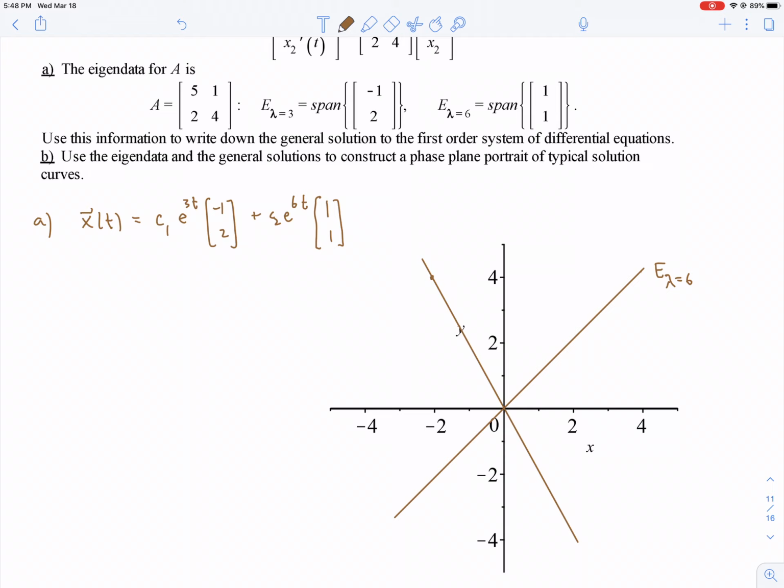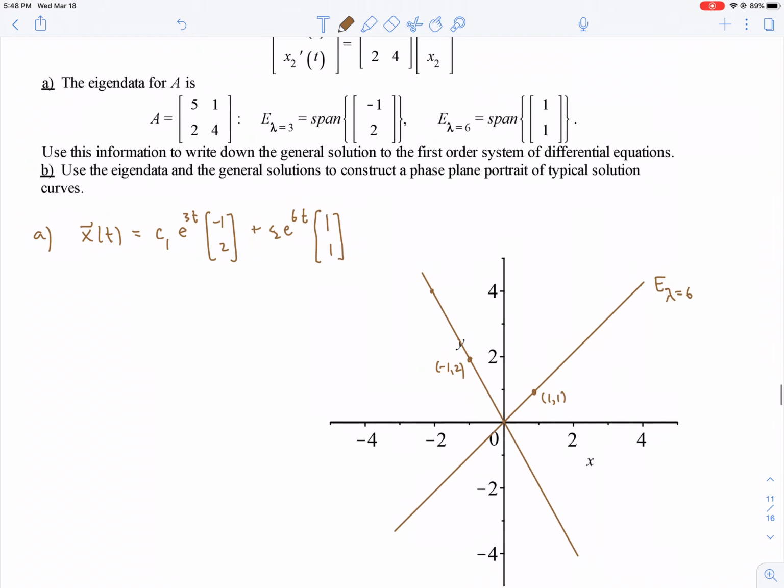So I guess I can label 1, 1 and minus 1, 2. Okay, so the points that I get using those position vectors and all scalar multiples give me the eigenspace for lambda equals 6. Okay, so my solution trajectory, lambda equals 3.